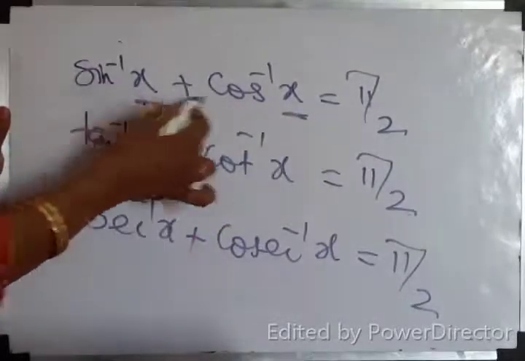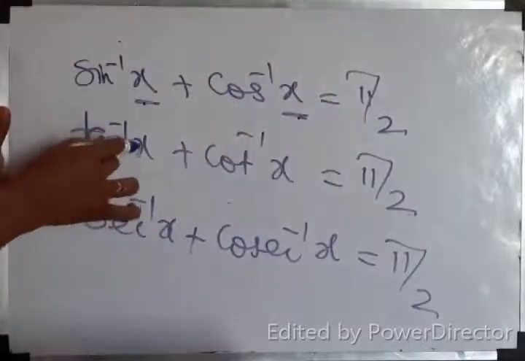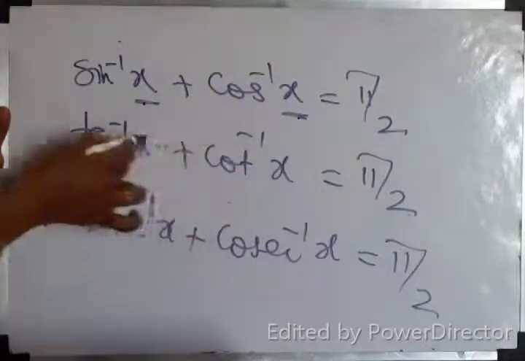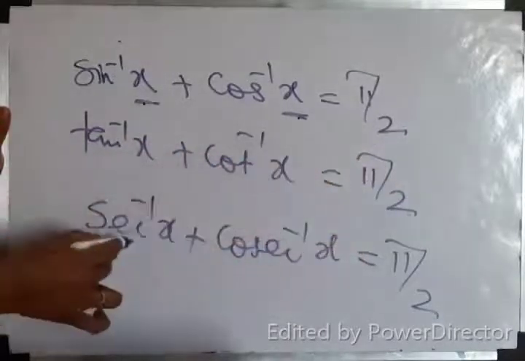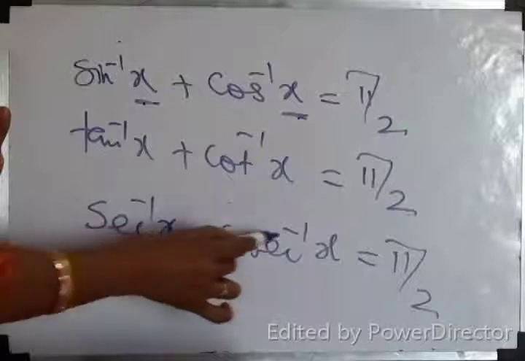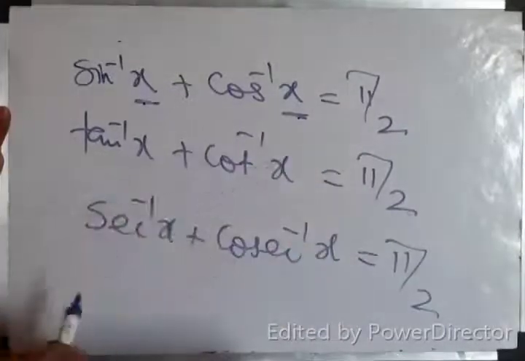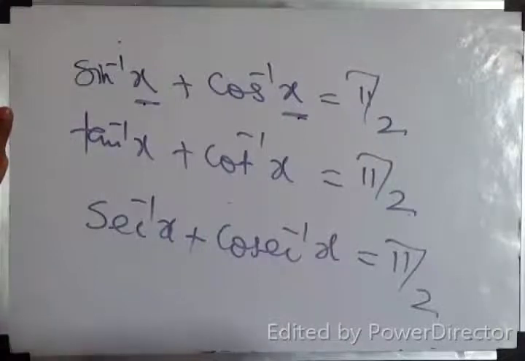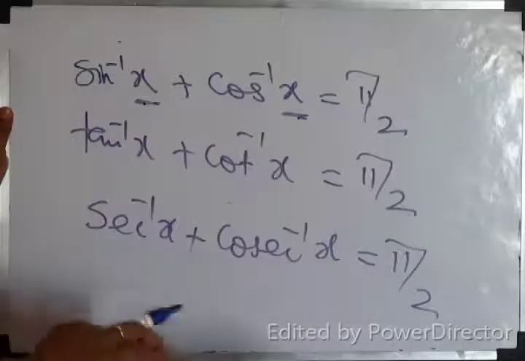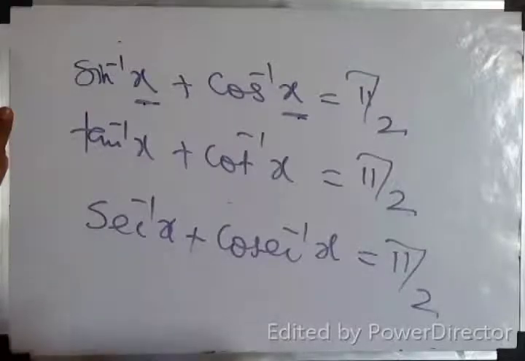Sin inverse x, cos inverse x, only then it becomes pi by 2. Tan inverse x plus cot inverse x, the same thing you have to repeat, then only it will become pi by 2. Similarly for secant inverse x plus cosecant inverse x, pi by 2. Okay? Conversion property also we finished. Now, property number 4, 5 over.